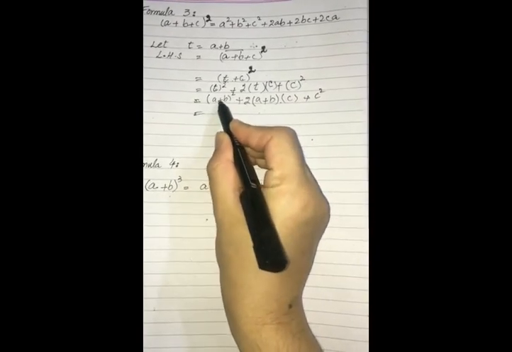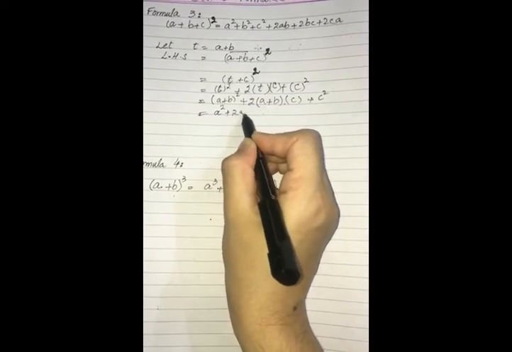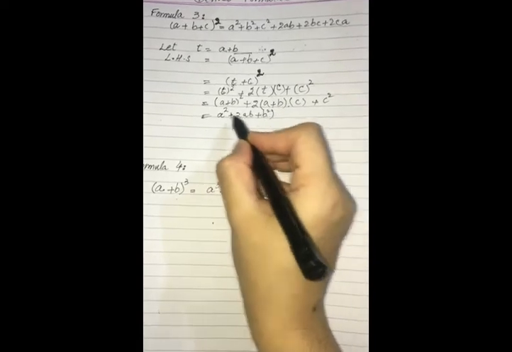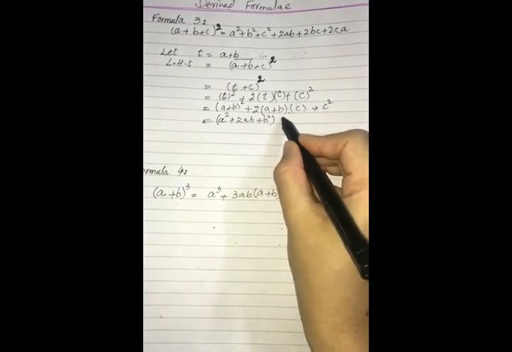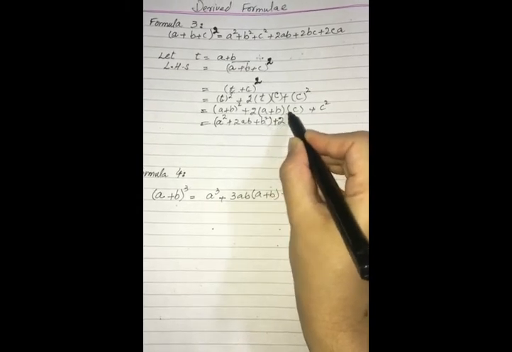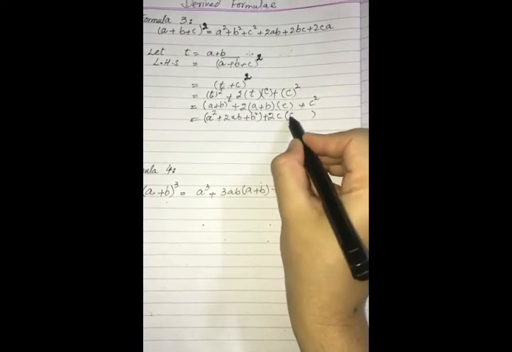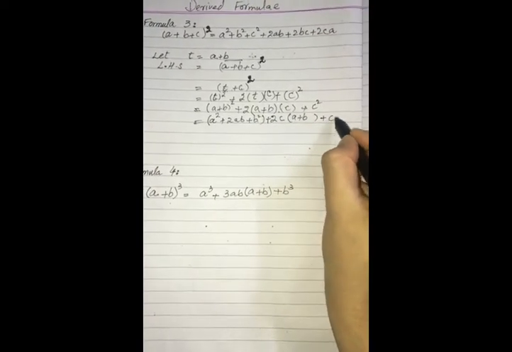Again we can apply the formula on this: a square + 2ab + b square. Again the formula of perfect square is applied, + 2 c into (a + b). I have just arranged them, + c square.